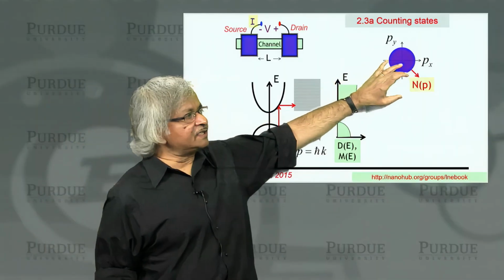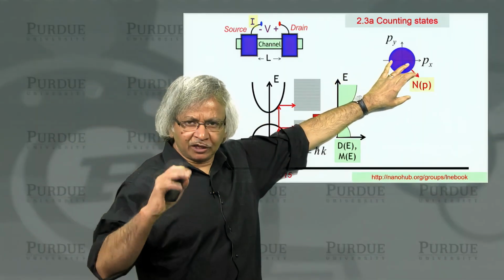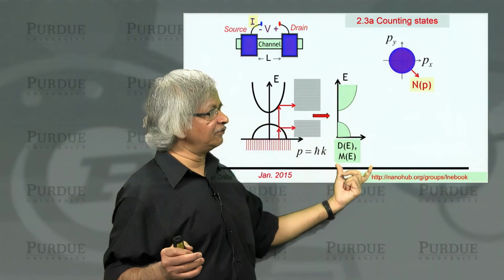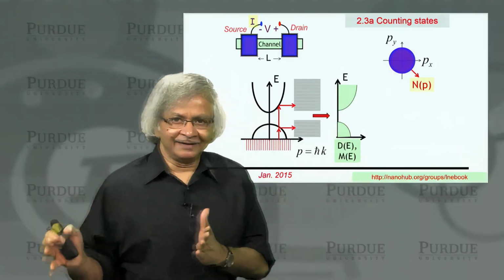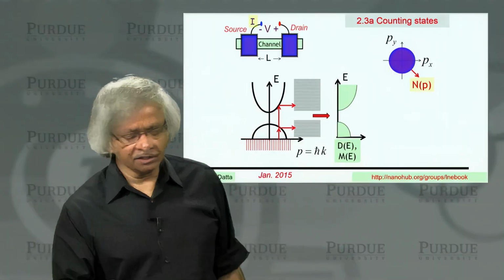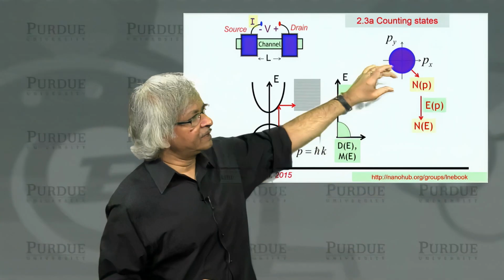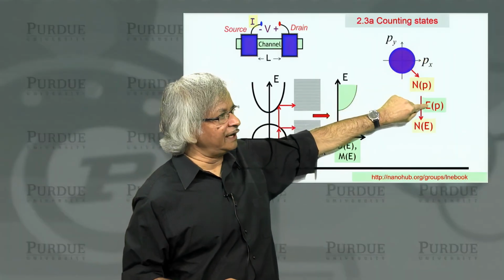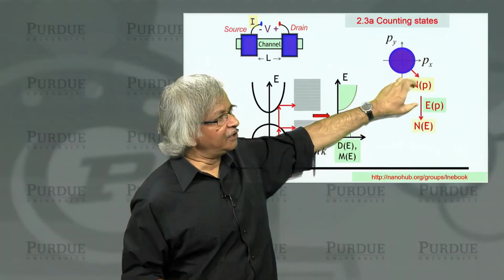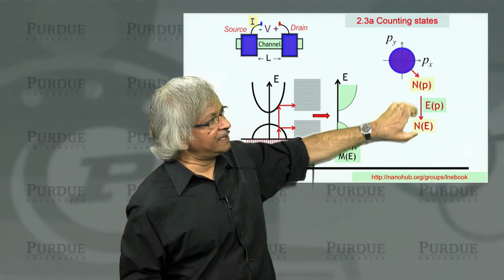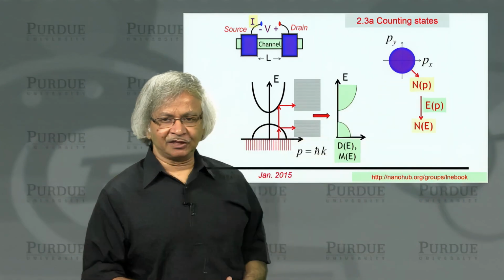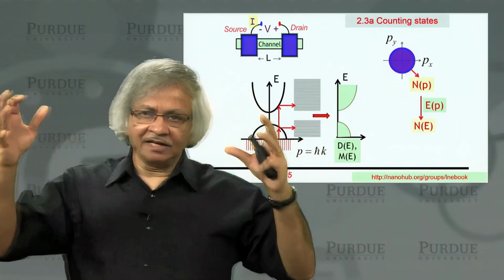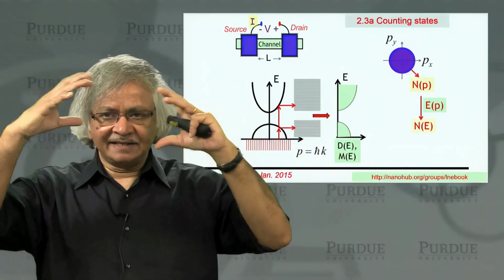Once you have this n of P, that's of course not the end of the story, because what we really want eventually is the density of states and number of modes. Given this n of P, and since we know the energy momentum relation, you could eliminate the P and get an n of E, which tells you how many states have an energy less than some value.